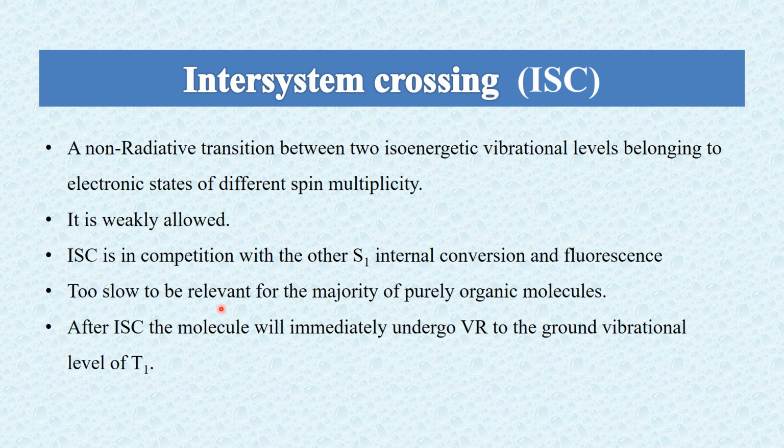So it is very slow, and its relevance for the majority of organic molecules is 0. And again, after ISC, intersystem crossing, the molecule immediately releases its energy through vibrational relaxation and comes to the ground vibrational level of T1.